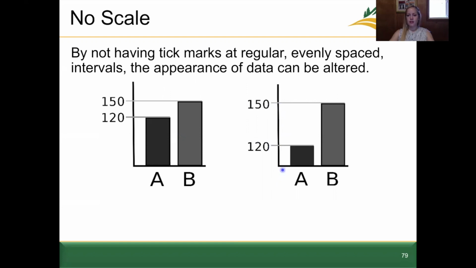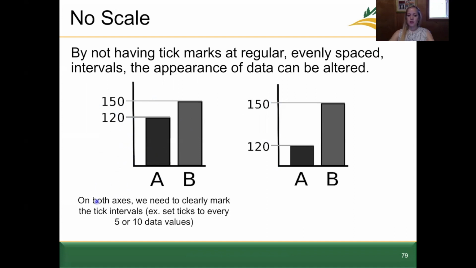And it's really unclear if this is 0 and then we go up to 120, and the y-axis only covers this amount of space, and now we're going from 120 to 150, and it's covering this amount of space. Whereas on the left, it's a little bit better. We're assuming this to be 0. We should include marks here, so we could say 30, 60, 90, 120, 150. So again, this one on the left is a little bit better, but it's still not ideal.